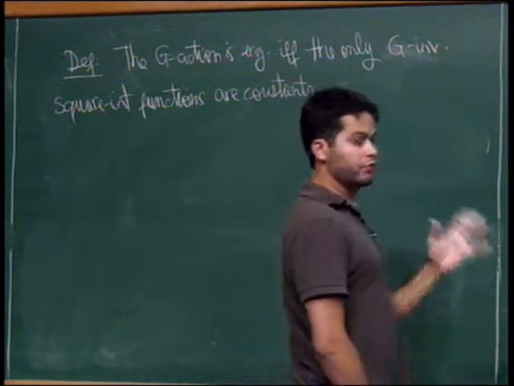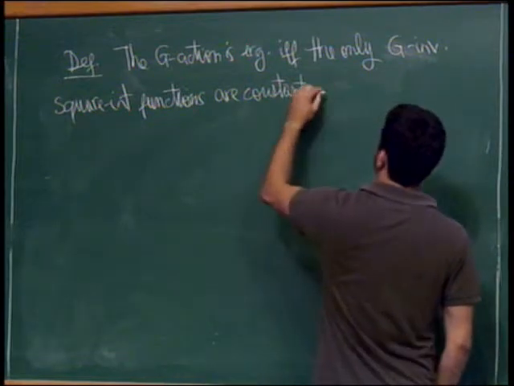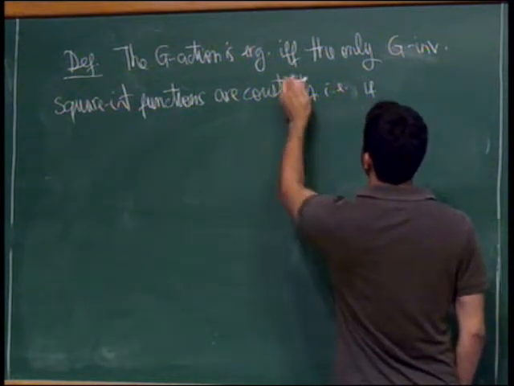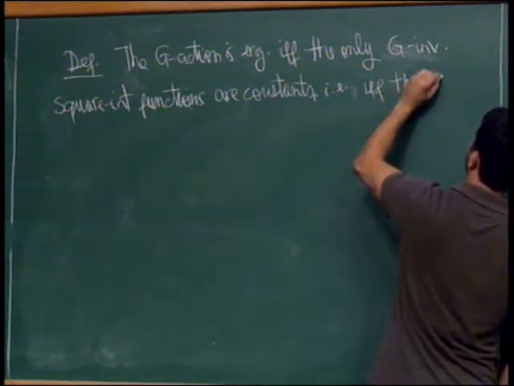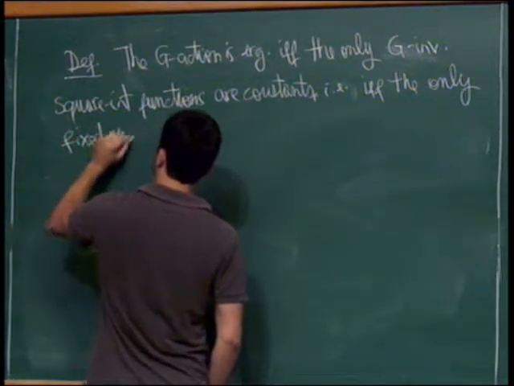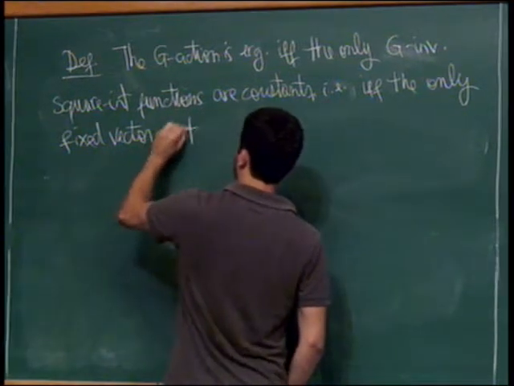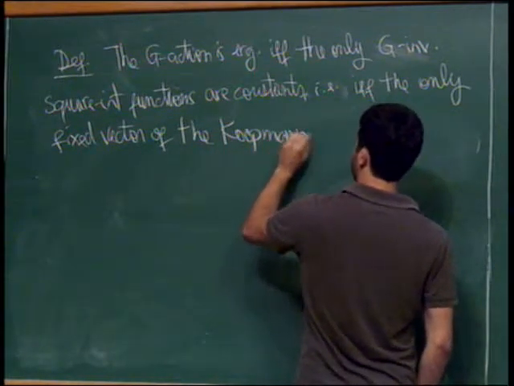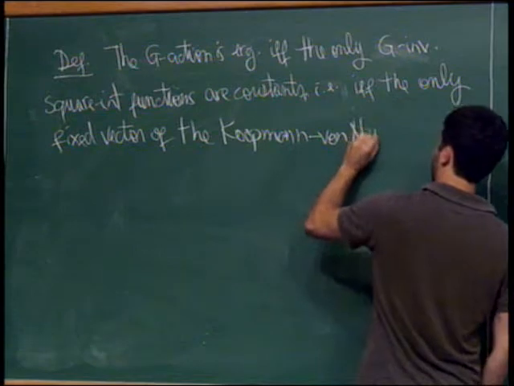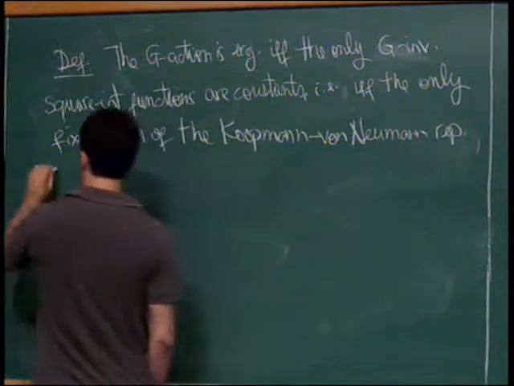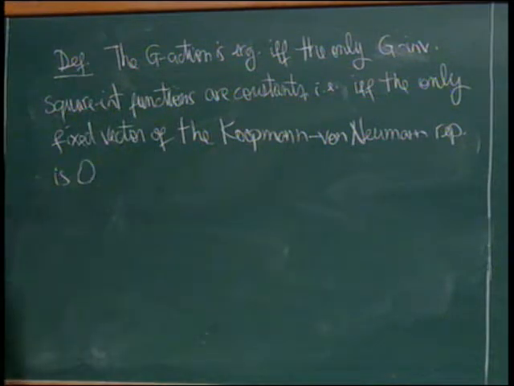Well, if you restrict yourself to functions of zero average, this means that if and only if the only fixed vector of the Koopman von Neumann representation is 0. Okay? So this is the definition of ergodicity.